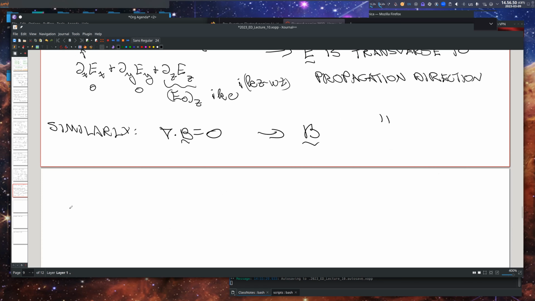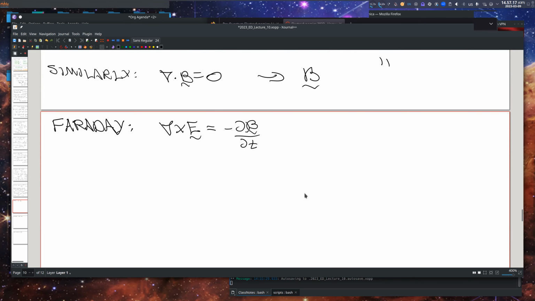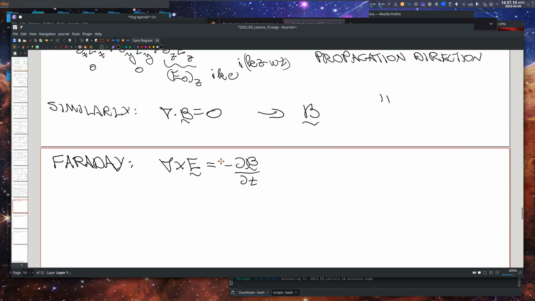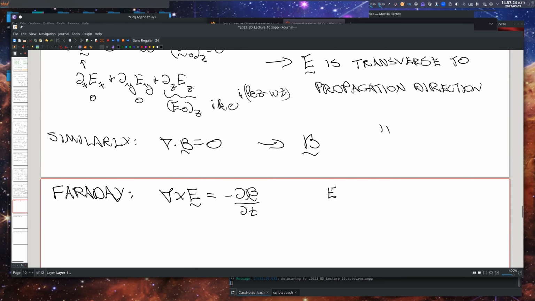Now, we can go further. We can then solve the other equations that we have. So, for example, Faraday's law. What does Faraday tell us? It tells us that the curl of E has to be equal to minus dB/dt. So what does that tell us? Let's do it in components. Maybe I can just rewrite them here so we have them.